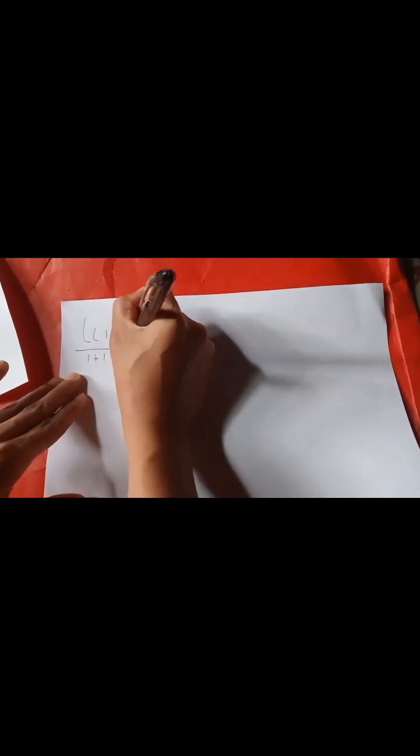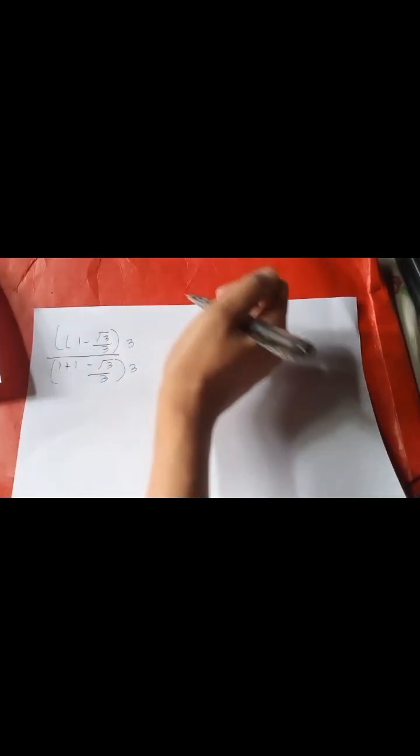So, what should we do next? So, 1 minus square root of 3 over 3, divided by 1 plus 1 times square root of 3 over 3. So, let's put 3 here and multiply the top and the bottom.